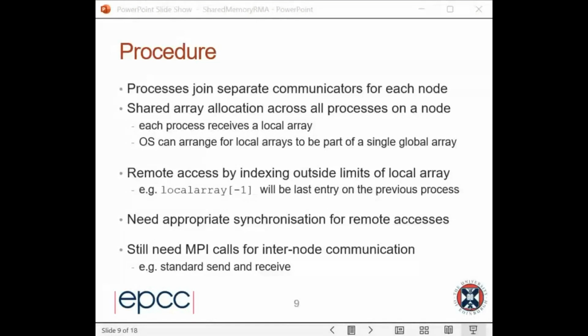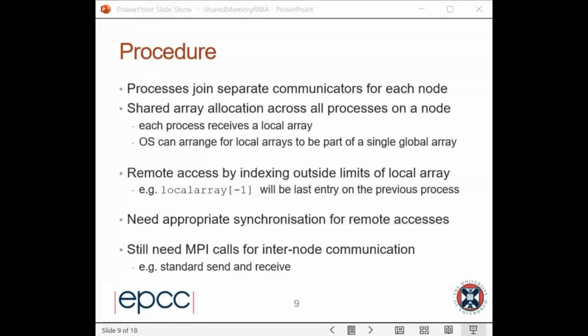Imagine you've just got two processes on a node, okay, and what you could have is the operating system could do a single malloc, big array equals int star malloc.